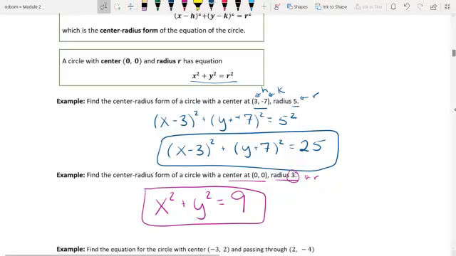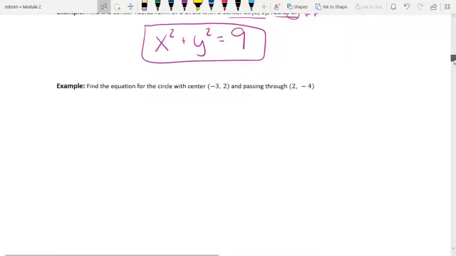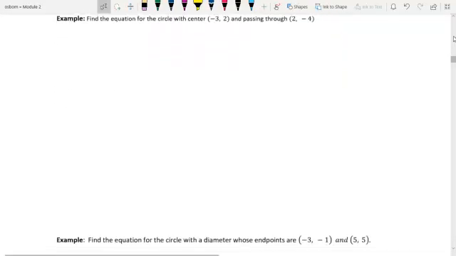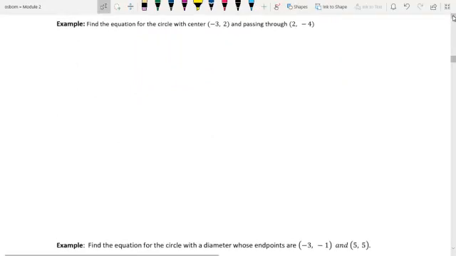Now putting together what we did last section where we learned the distance formula, we're going to work on this next problem. This next problem is asking us to find the equation for the circle with center at (-3, 2), passing through (2, -4). In other words, you've got a circle and you have the center right here at (-3, 2).